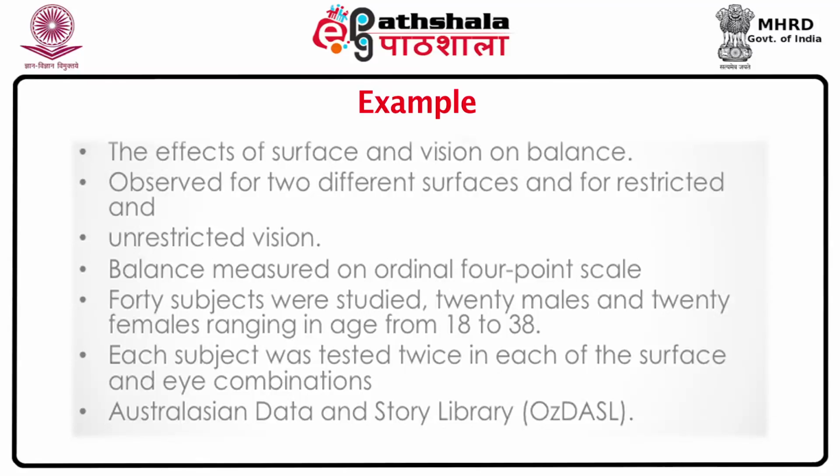So here we can see that 40 subjects were studied, 20 of them were male, 20 of them were female. Their ages ranged from 18 to 38. Each subject was tested twice in each of the surface and eye combinations. For more of this data set, you can refer to the Australasian Data and Story Library.